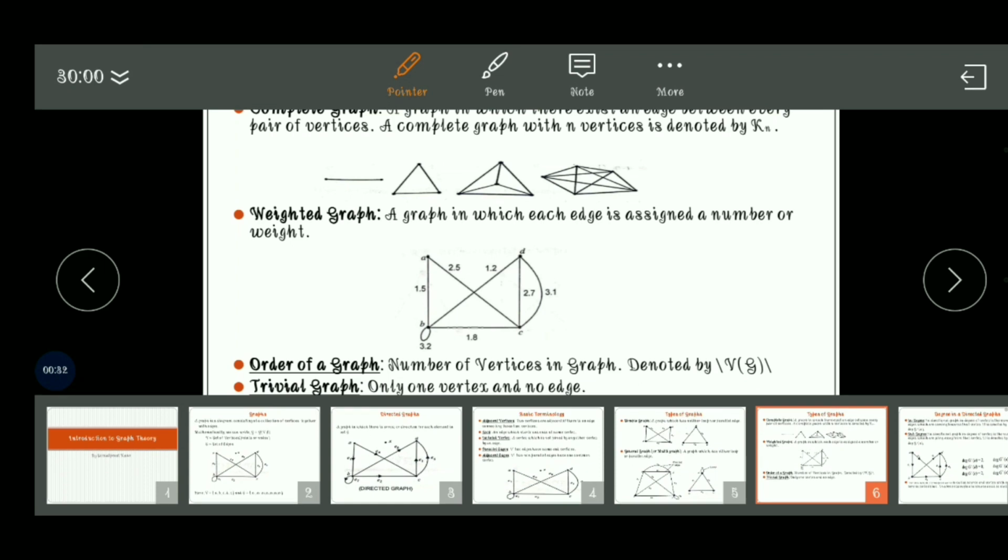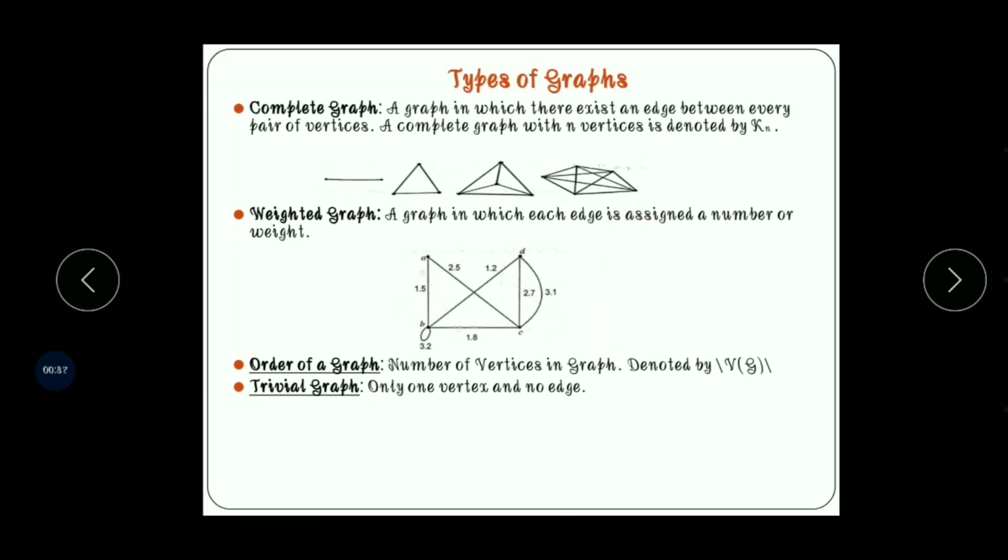In the second example there are three vertices. The first vertex is attached to the other two vertices, the second vertex is attached to the other two, and the third vertex is attached to the other two. So in a complete graph every vertex is attached to every other vertex by some edge. Here there are four vertices and every vertex is attached to the other three.